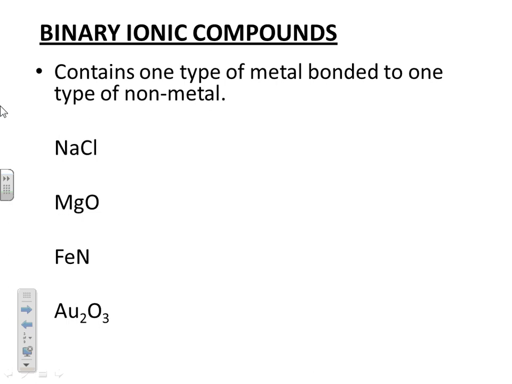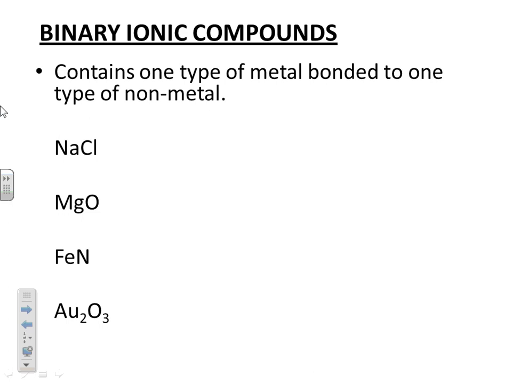The first types of elements that we're going to name and get the formulas for are binary compounds. Binary means 2. If you've taken any computers, you might have learned about binary language that has just 0s and 1s. I don't know if you've ever learned about that before. Have you ever learned about binary language? No? Doesn't matter. Bi, 2, binary.